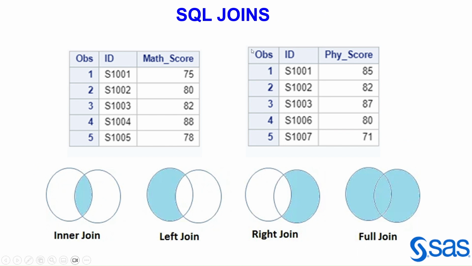In Proc SQL, you can do an inner join, where you can find the common matching values in two different data sets and extract them. You can do a left join, where you take all the values from the left table and the matching ones from the right table. You can do a right join, where you use all the values from the right table and only the matching values from the left table. And you can do the full join, where all the values are combined together.